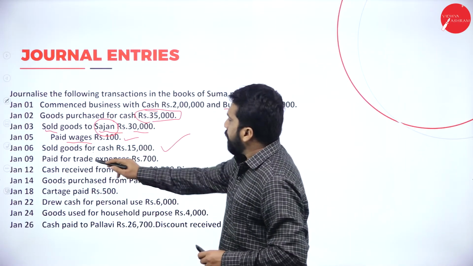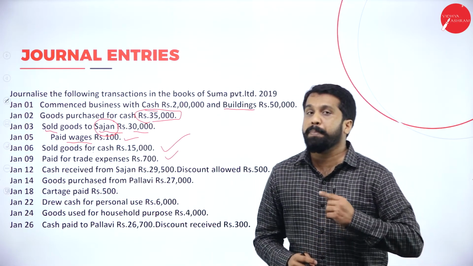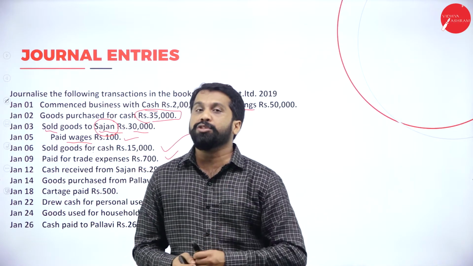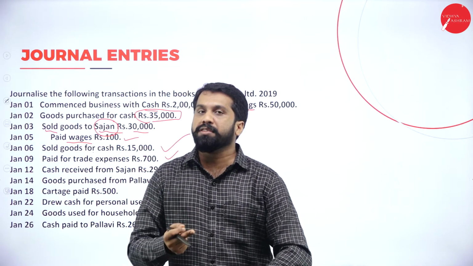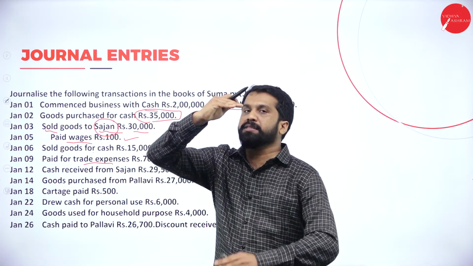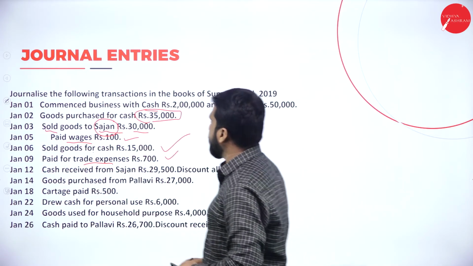Now, paid trade expenses 700. Again, what is the concept? Paid means you are receiving cash or paying cash? Paying cash. Cash should be down. For what reason are you paying? Trade expenses. Trade expenses account debit to cash. Logic. So, what is the date? 9th, 700.